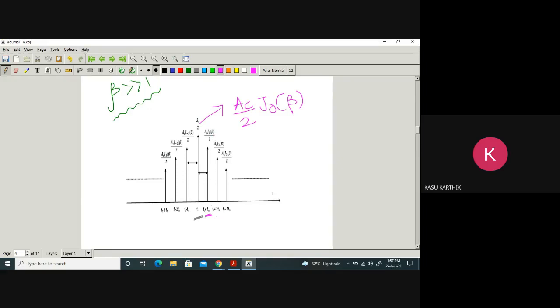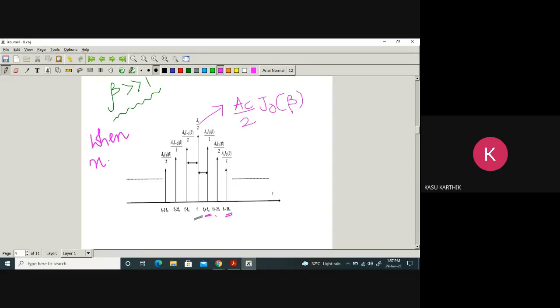When n equal to 2, when n equal to 3, and when n equal to minus 1, we have Ac J minus 1 beta by 2. For n equal to minus 2, Ac J minus 2 beta by 2, and so on. This is the spectrum.